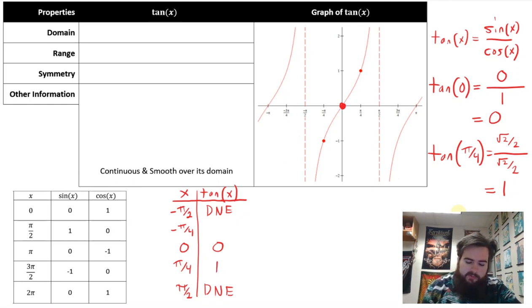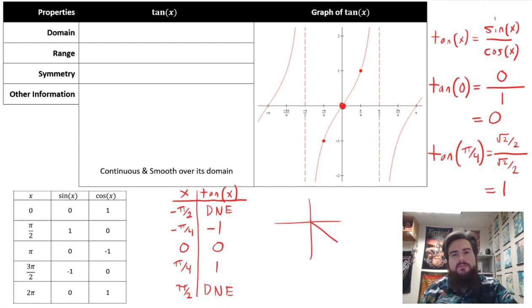Tangent of pi fourths we've already established as 1, but tangent of negative pi fourths, well, negative pi fourths in the unit circle would lie within quadrant 4, and in quadrant 4, tangent is negative. So you're just going to get a negative 1 there.